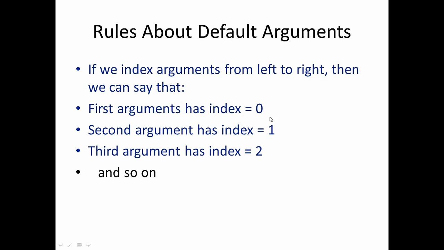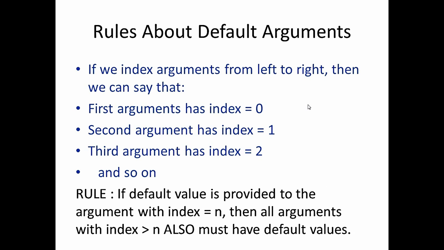So we index the arguments that way. So this is the rule about default arguments. If a default value is provided to the argument with index n, then all arguments with index greater than n also must have a default value.